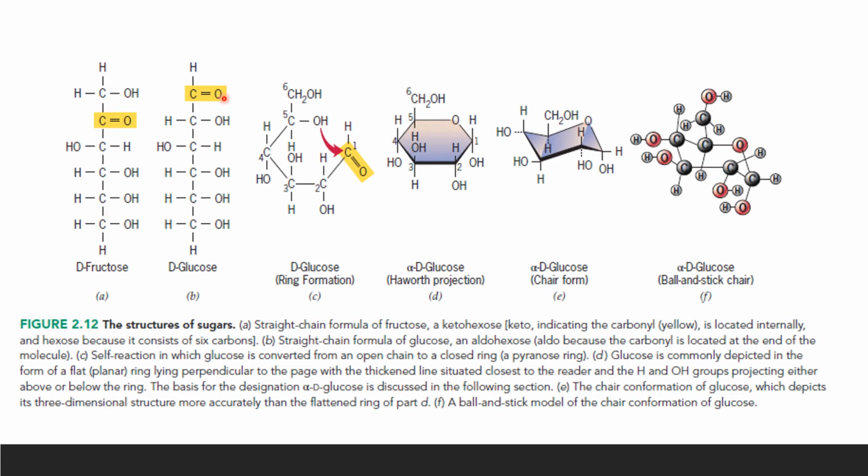But if the carbonyl group is located at one end of the sugar, it forms an aldehyde group, and the molecule is now known as an aldose. So all of the carbonyls that are located on the edge or at the end of a conformation are considered to be aldoses. So examples B, C, D, E, and F are all aldoses.